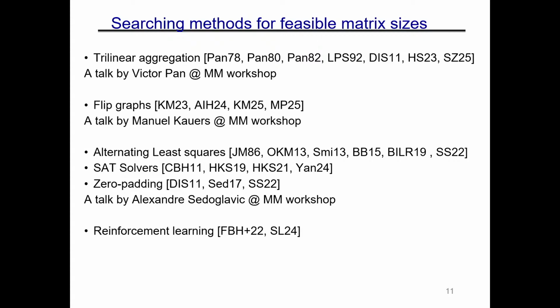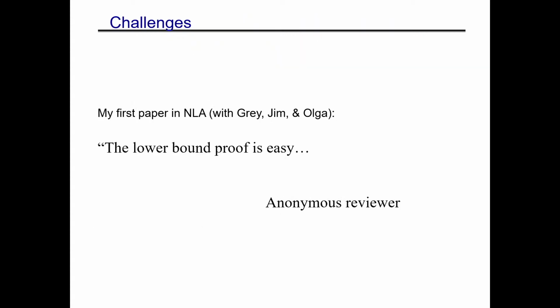So Victor will give a talk on that at the matrix multiplication workshop. And then the flip graph, that's a way of this search technique, Manuel will give a talk at the matrix multiplication workshop. And then there are other techniques like alternating least squares, SAT solvers, and zero padding, which we'll hear from Sedoglavic. And I'm not sure we'll have a talk about the AI-based search.